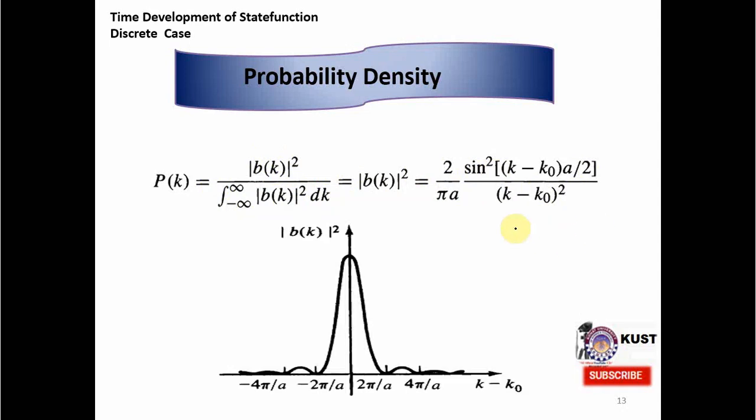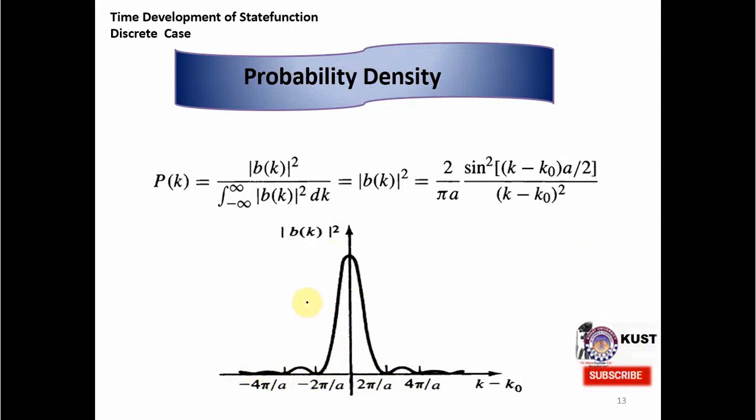which will be equal to this probability. And if you plot this probability, it's very interesting to see that it is peaking at the center. So it has somehow a Gaussian distribution, and this is minus 2 pi by a, and in this interval you see the most probable values lying here. So you can see it is localized. All sorts of frequencies are there, but this is a localized packet because the frequencies far away are dying out.